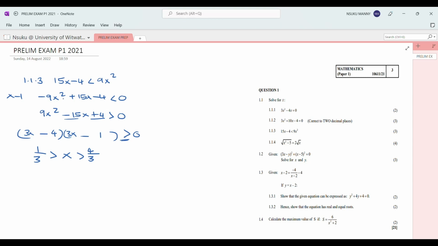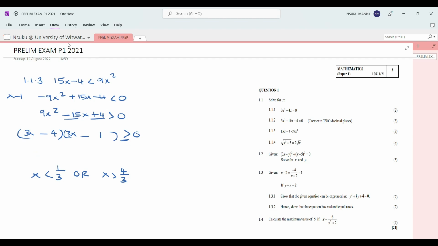So we just say x is less than 1/3 or x is greater than 4/3. That's basically how you're supposed to leave your answer. So we can always erase this here. I know you guys have different steps in solving an inequality, but that's basically my short way of solving inequalities. So this will be your final answer.